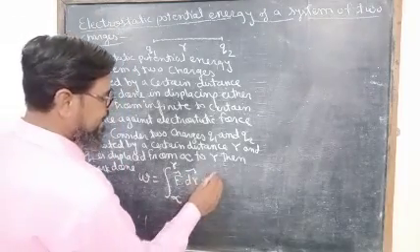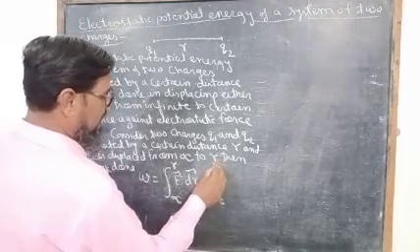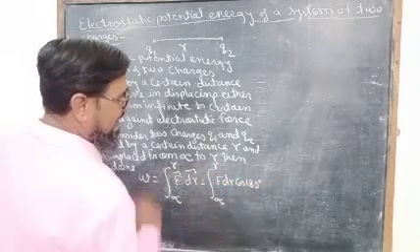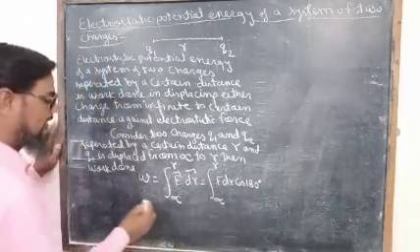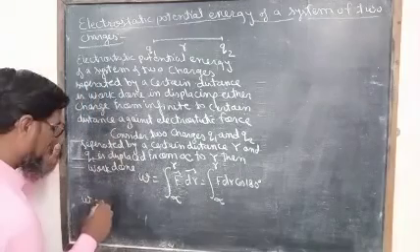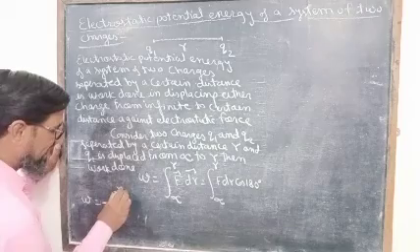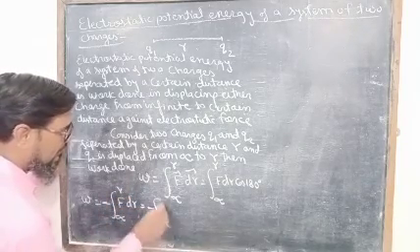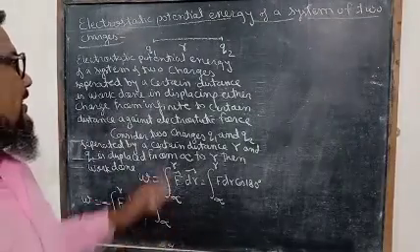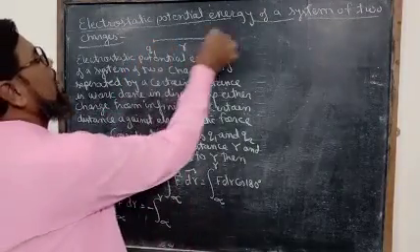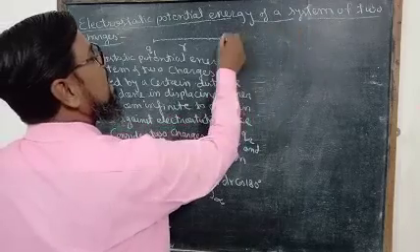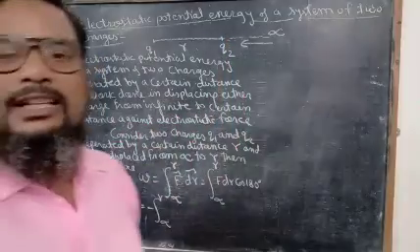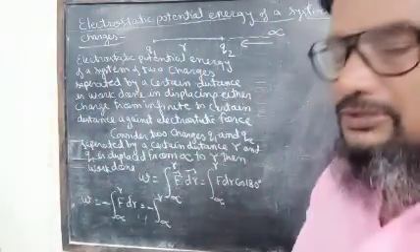Now, integral from infinity to r of F dr cos 180, and the value of cos 180 is minus 1. So W is equal to minus the integral from infinity to r of F dr. Here both charges are positive, so if either charge is displaced from infinity to this distance r, then displacement and force are opposite to one another.